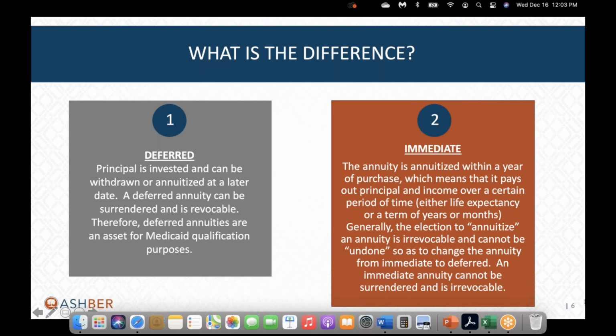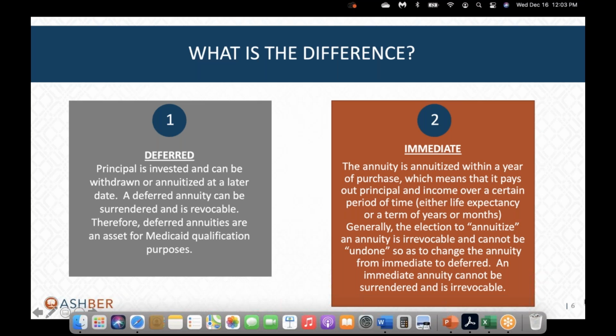Whereas an immediate annuity must be annuitized within a year of the client purchasing the contract, which means that it would pay out principal plus income over a certain period of time, either the client's full life expectancy or a term of years or months. Generally, the election to annuitize, or convert the lump sum of an asset into an income stream, is an irrevocable election, and it cannot be undone.